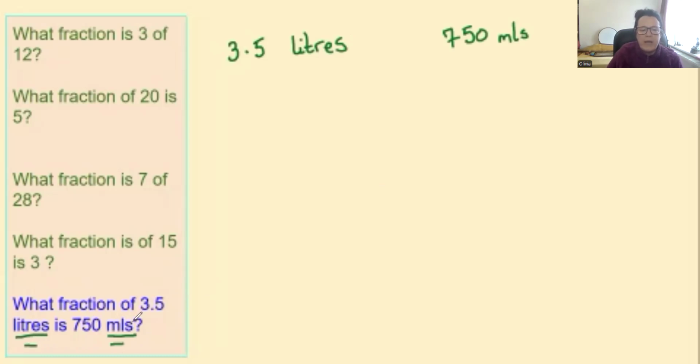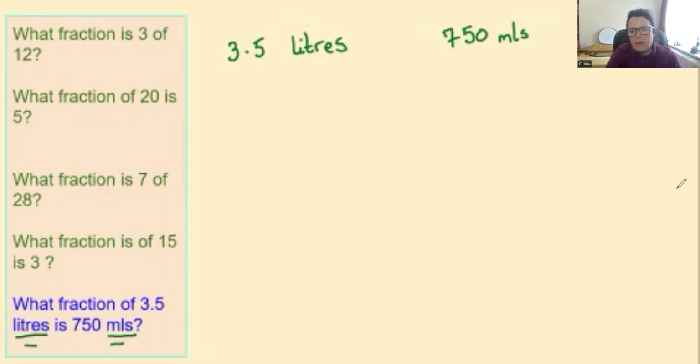I've got liters and milliliters. And I like everything to be in the same language. So we're going to change everything so that everything is milliliters. I'm happy with my milliliters here, but I want my liters to be milliliters.